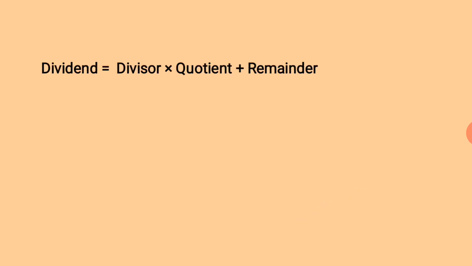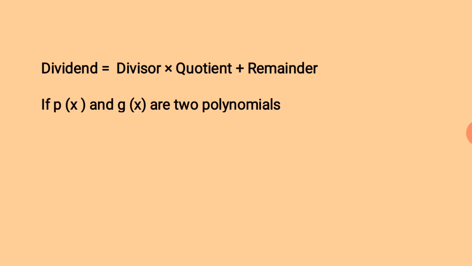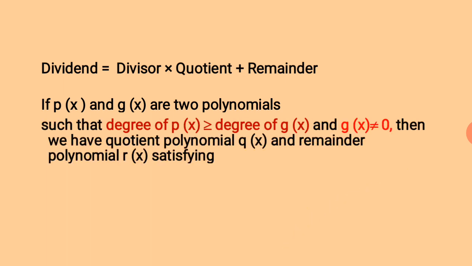This is a basic thing which you already know right from your childhood. Dividend is equal to divisor into quotient plus remainder. Now children, let us consider any two polynomials p of x and g of x, such that the degree of p of x is greater than or equal to degree of g of x and g of x is not equal to 0.